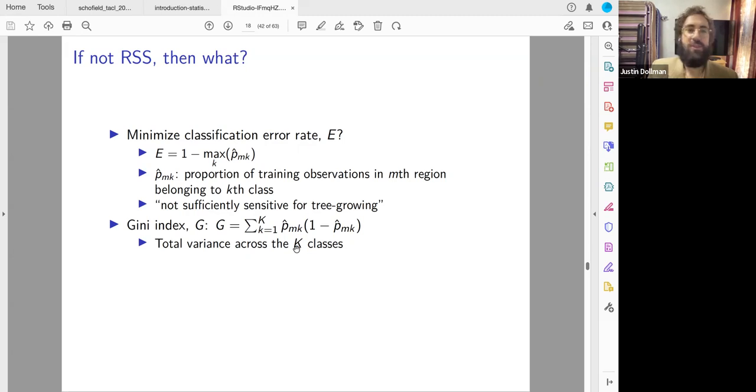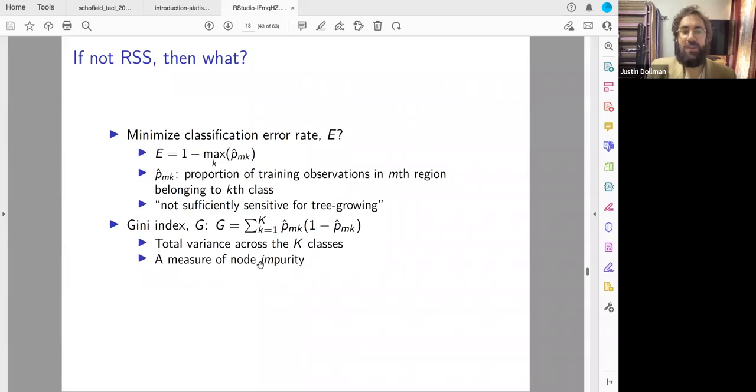For example, if I want the Gini index for a node that had 80% of one class and 20% of a different class, I would say, okay, class 1: 0.8 times 1 minus 0.8. I set that to the side, and since it's a summation, I add 0.2 times 1 minus 0.2. That turns out to be the same thing, 0.8 times 0.2 times 2. Anyway, that's the Gini index.